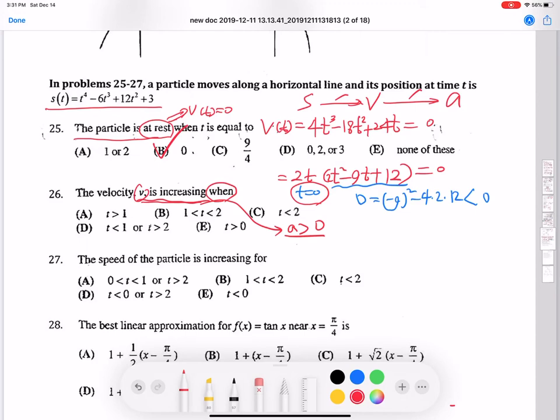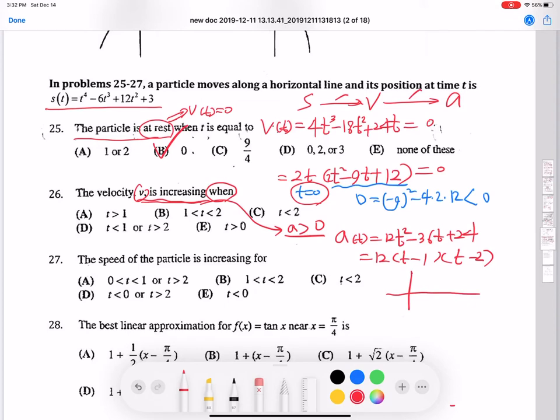So the second derivative of the position function is acceleration. So the acceleration function is equal to 12t squared minus 36t plus 24. And then I can factor this. 12 times t squared minus 3t plus 2, so t minus 1, t minus 2. So the zeros of this function are 1 and 2.